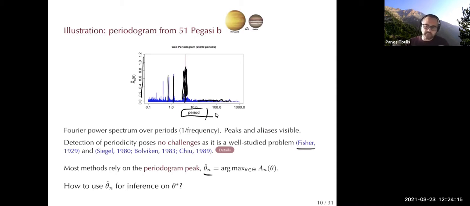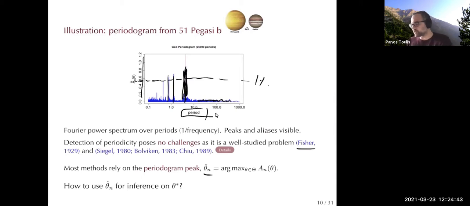This is a well-studied problem. In astronomy, you might hear the term false alarm probability. You derive some approximations using extreme value theory. You can say that this is the 1% level, and if it exceeds that, then we know that the signal is periodic. So, very well studied and robust. It poses no real challenges for us.